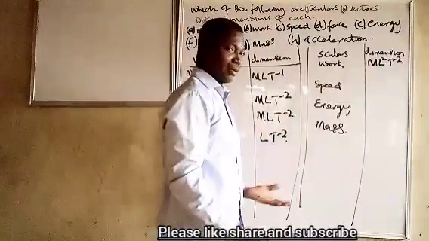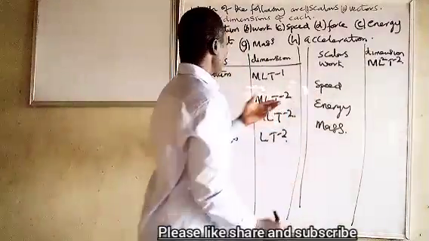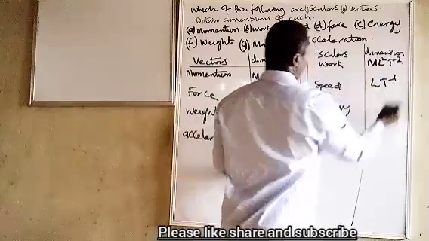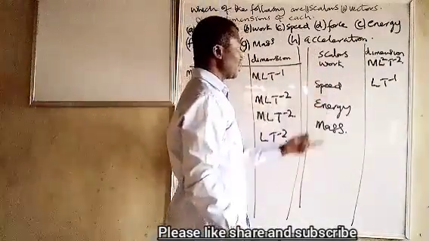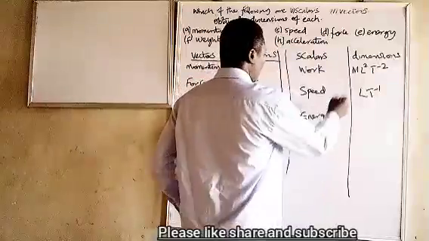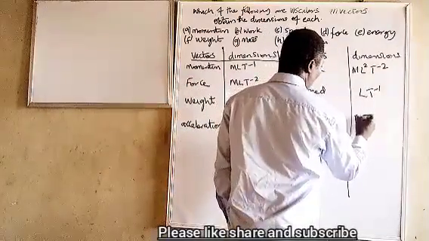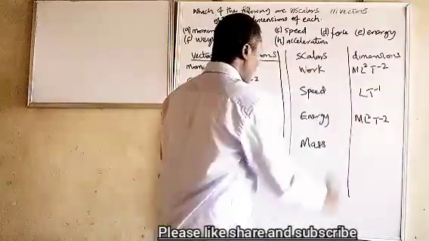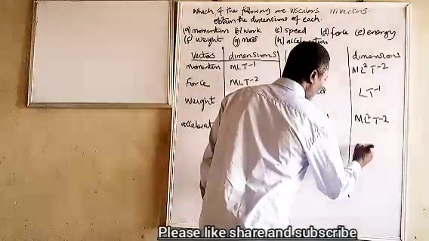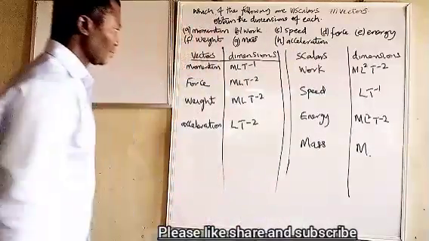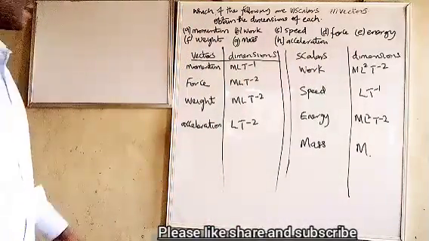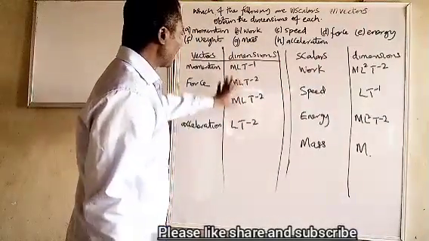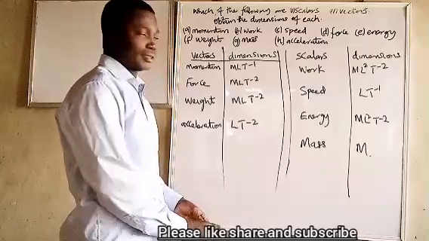Speed is L T minus 1. For energy, the dimension is the same thing as that of work, M L squared T raised to power minus 2. Mass is M.